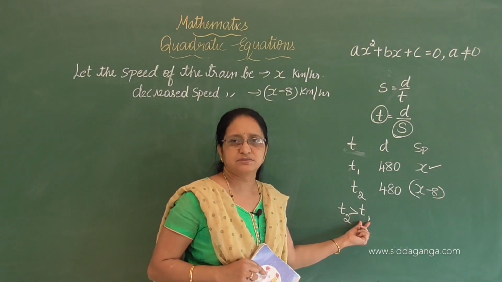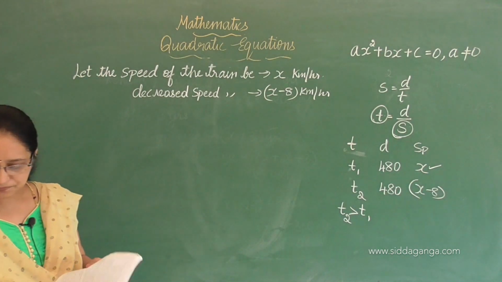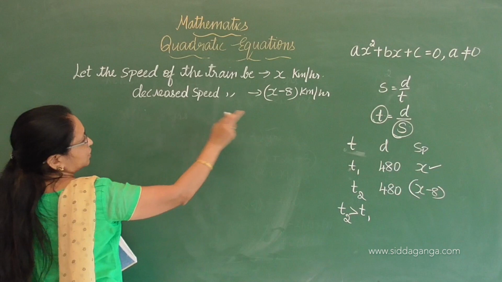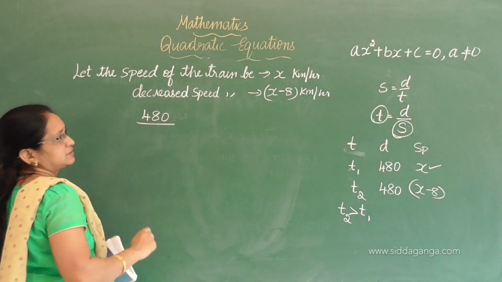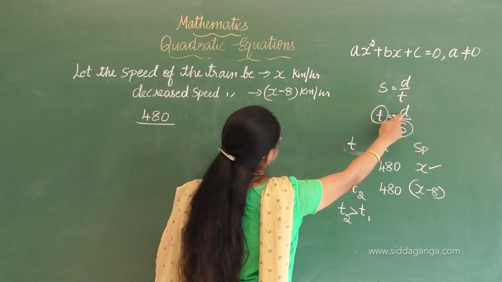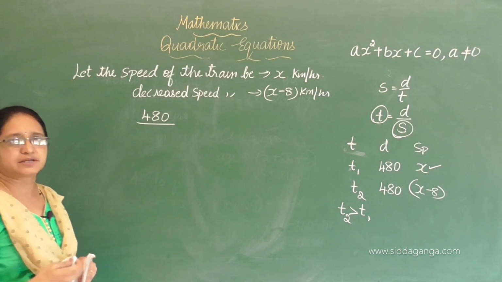Do you agree with this? Yes, T2 is greater than T1. Now can I write the equation like this? See here. According to that, 480 is the distance, and time is distance by speed. So which is greater? T2 is greater.